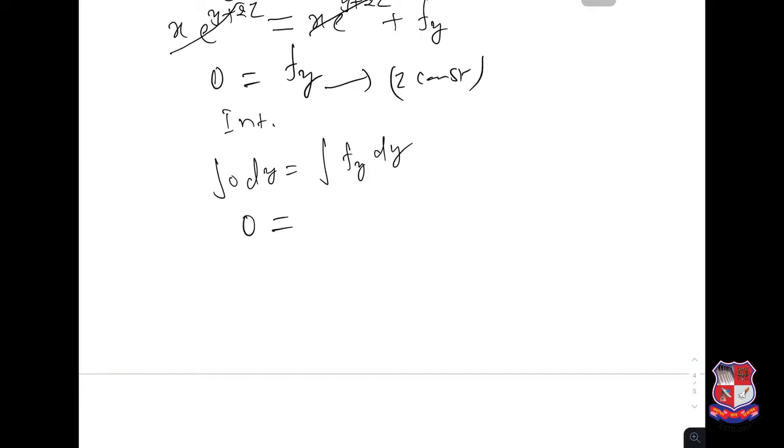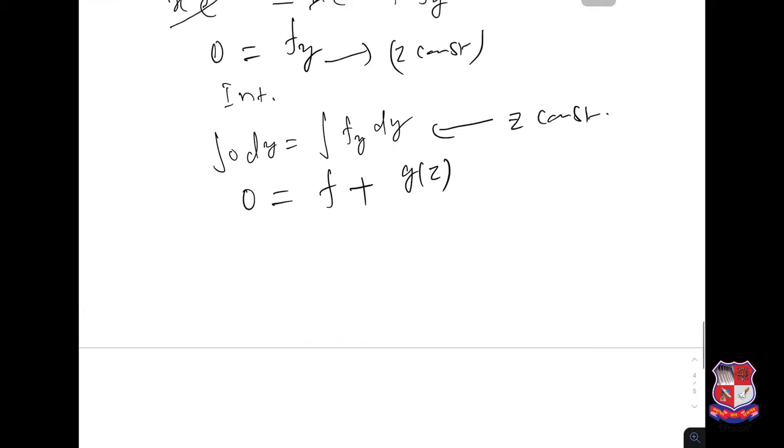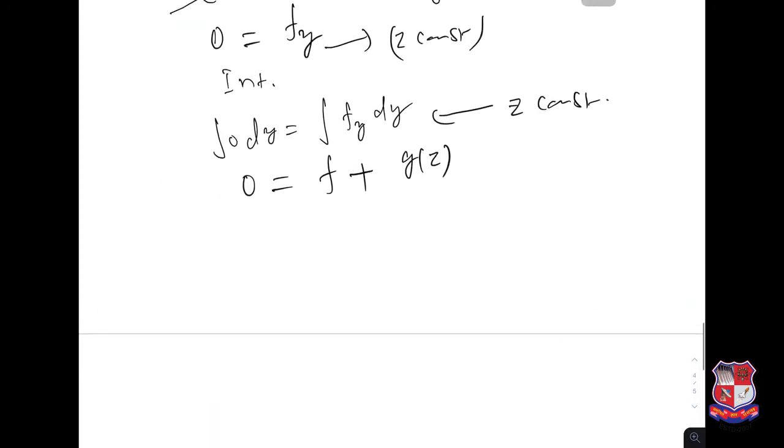This integration is 0, and here the integration of fy with respect to y, so that is f. But what is the constant here? The constant is a function of z, because z is constant. When you integrate this, we need to take z constant. So we have the value of the function f, and that f is nothing but minus gz.